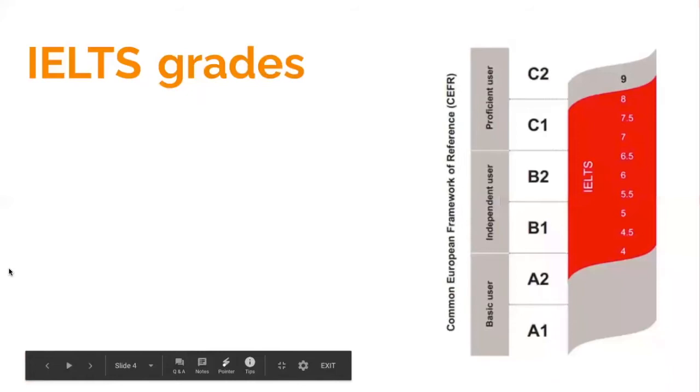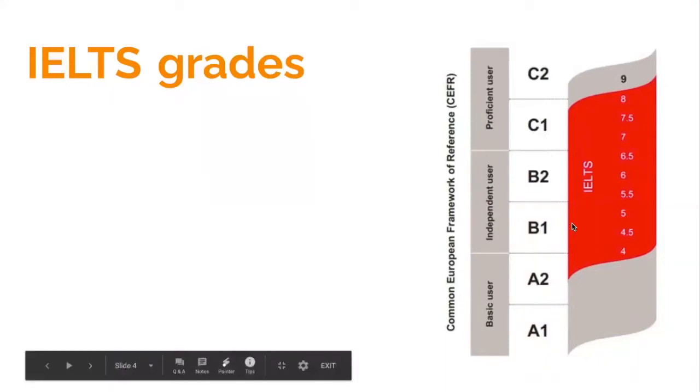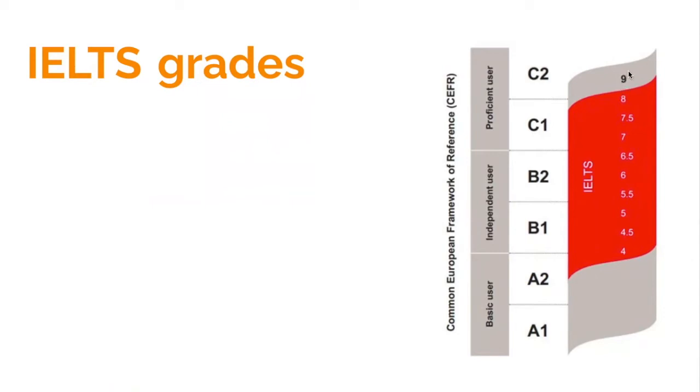Okay, guys, I want to just talk a little bit about the grades before we dive into the exam itself and before we talk about it in more detail. So as you can see here, the maximum grade you can get is a 9. But it's a very high level grade. I don't want to say it's impossible, it's possible, but you usually don't really even need it.